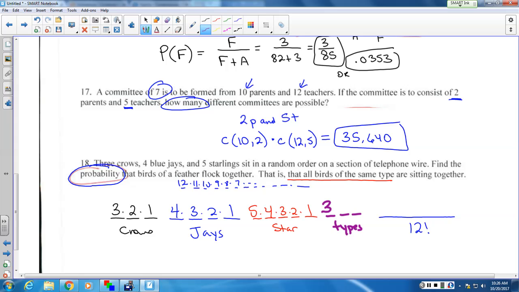Any of the 3 types could have sat on the far left. Then that leaves 2 types that could sit in the middle, and that leaves 1 type that could sit on the right. So I'm going to have 3 factorial for crows, 4 factorial for blue jays, 5 factorial for starlings, and 3 factorial for arranging the types of birds.